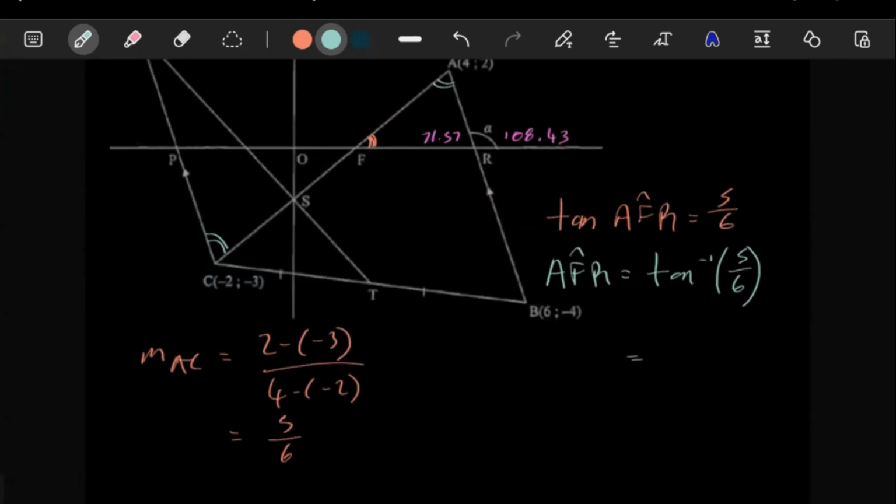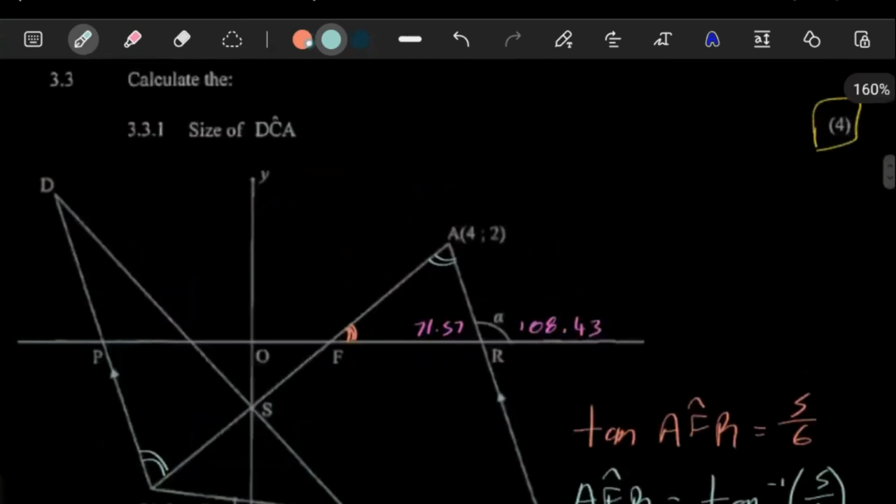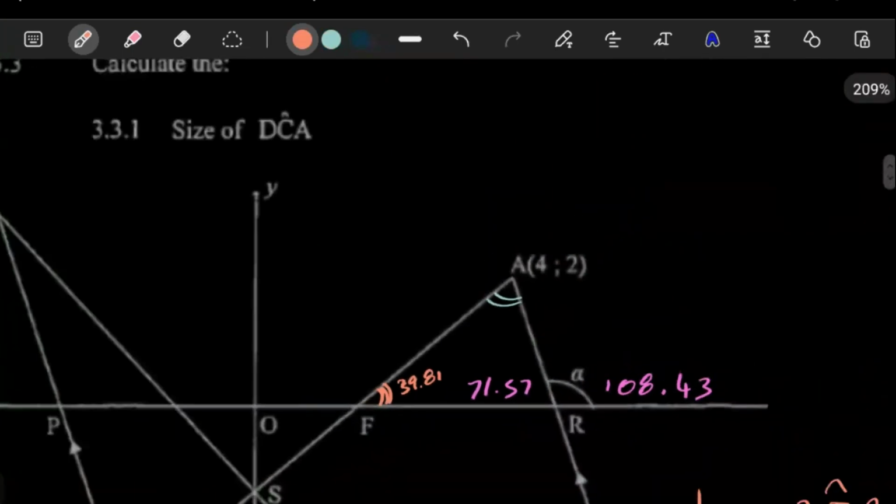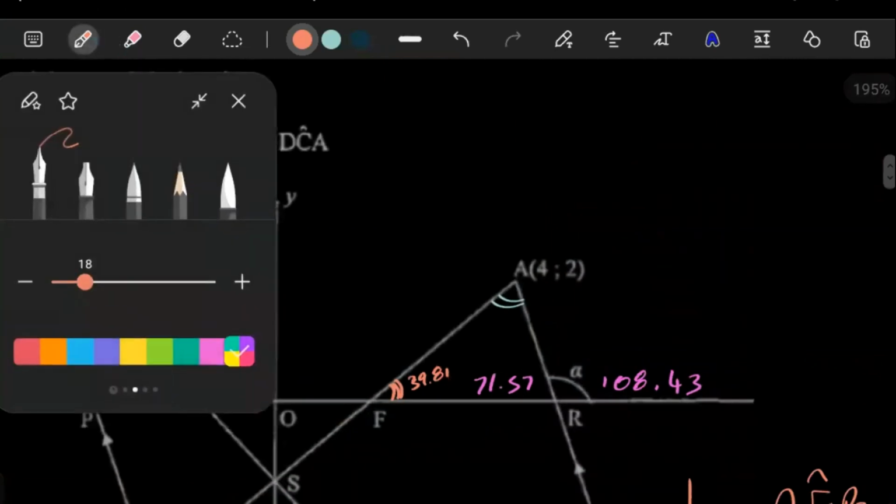In the calculator, since we're doing statistics, you would need to make sure that your calculator is properly cleared, but we already did that. 5 over 6, shift tan, 5 over 6 is giving us 39.81. 39.81 is over here, right? 39.81.